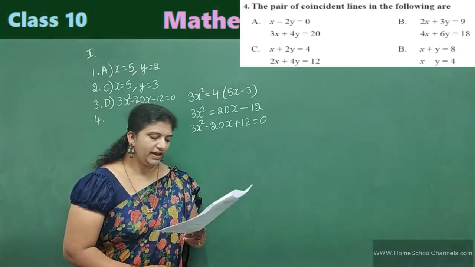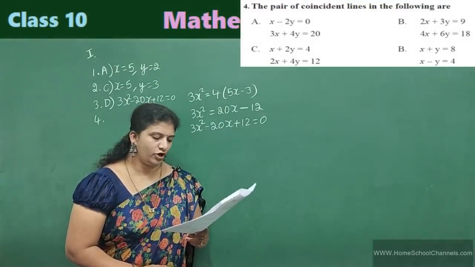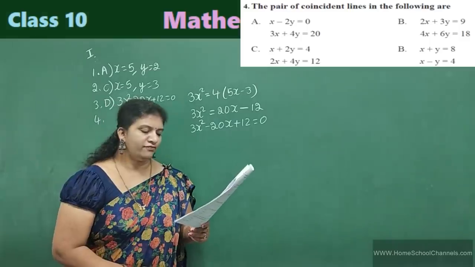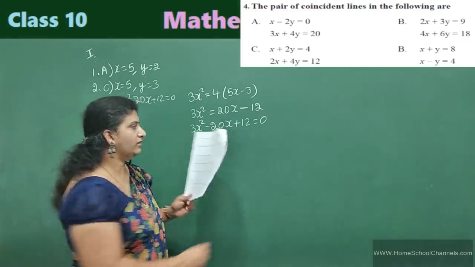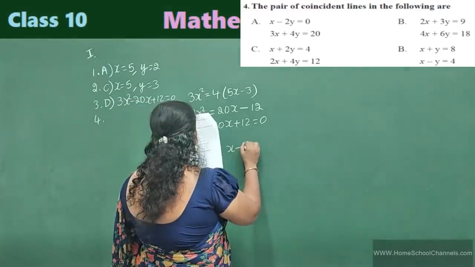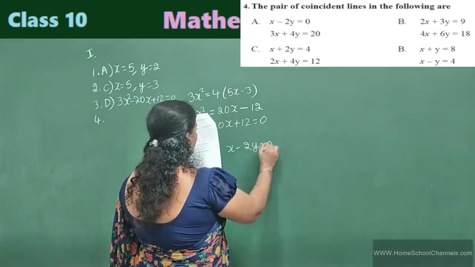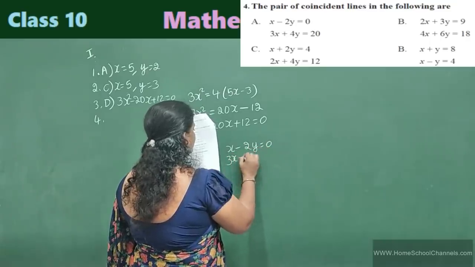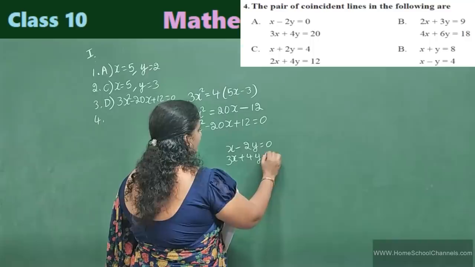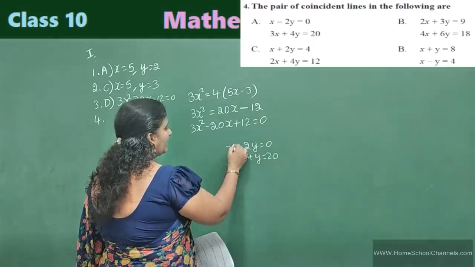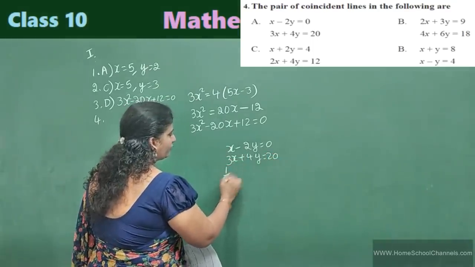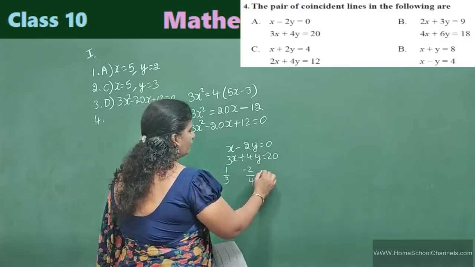Fourth one, the pair of coincident lines in the following are. You can see 4 pairs of linear equations here. Let us take the first one, x minus 2y equal to 0, 3x plus 4y is equal to 20. Write the ratios you have, 1 by 3, minus 2 by 4.